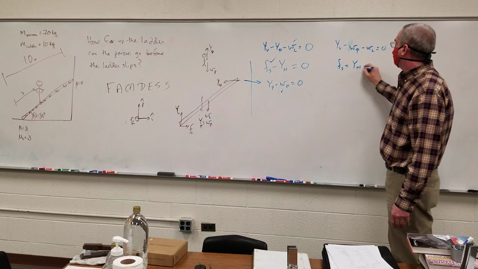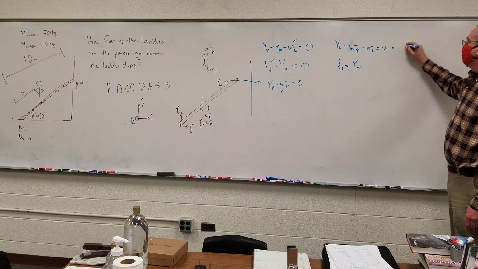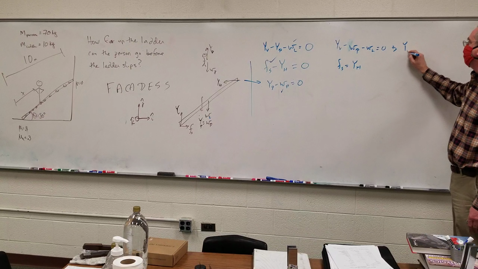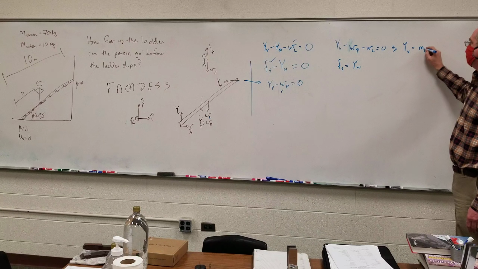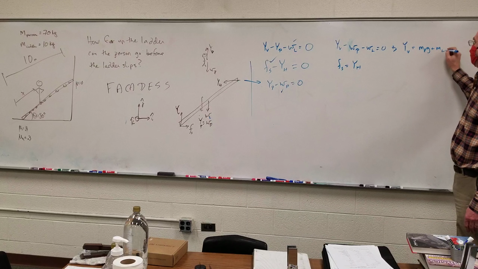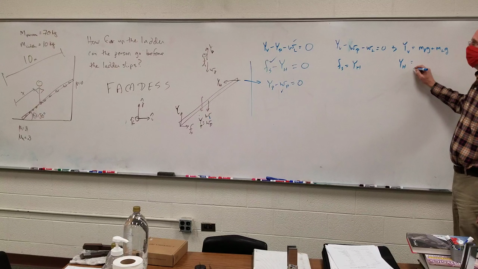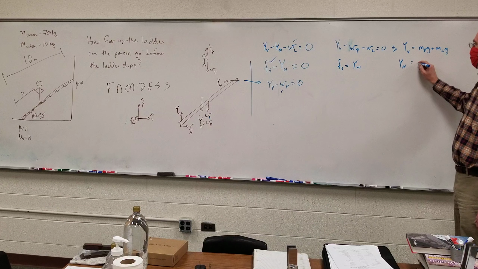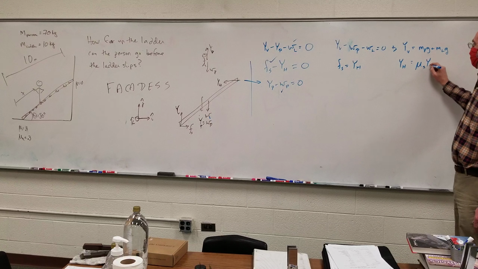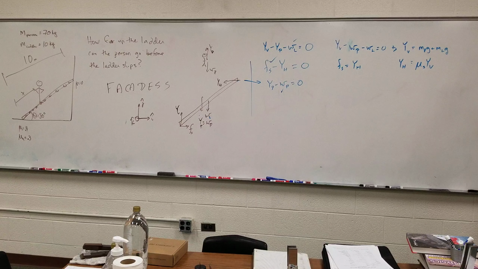F sub S equals Y sub H. So Y sub V is equal to MPG plus MLG, and Y sub H is equal to mu sub S times Y sub V. A little bit of rearranging there, but basically substituting in the formulas for weight and the formula for friction.